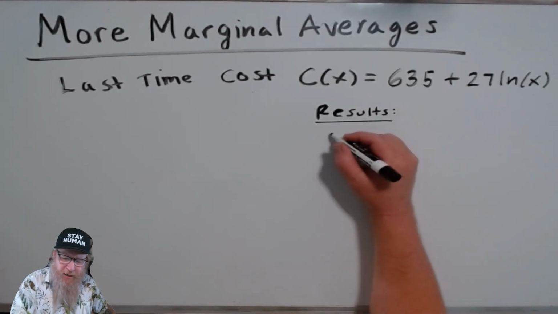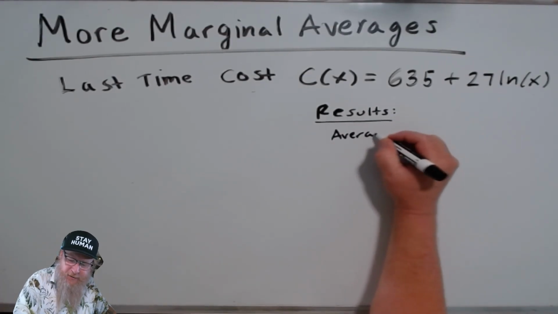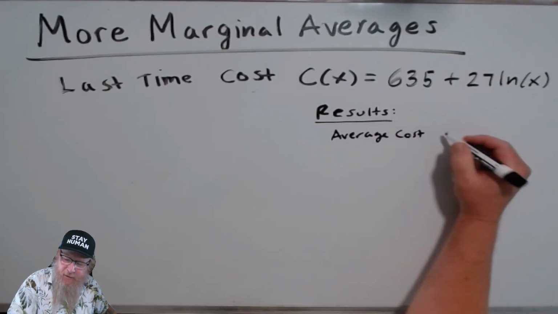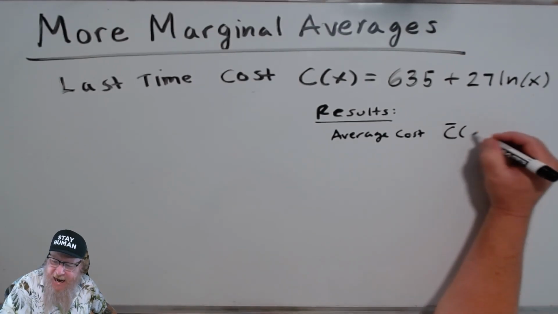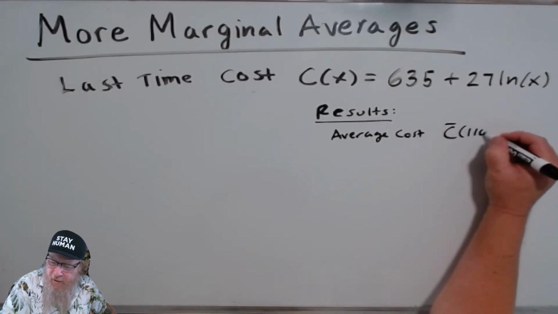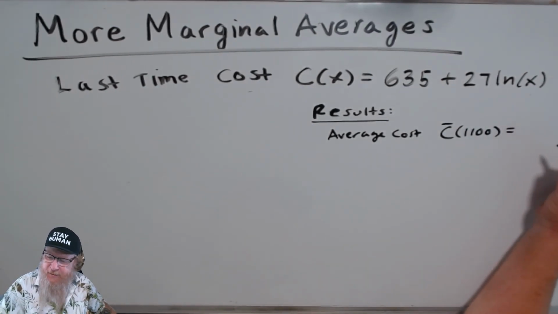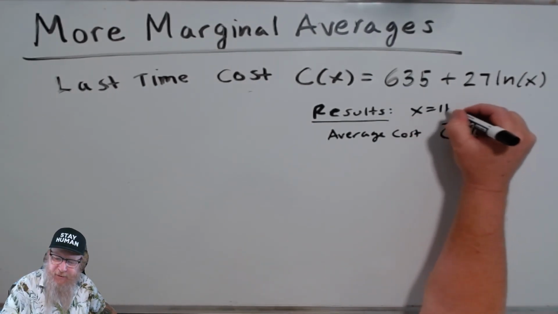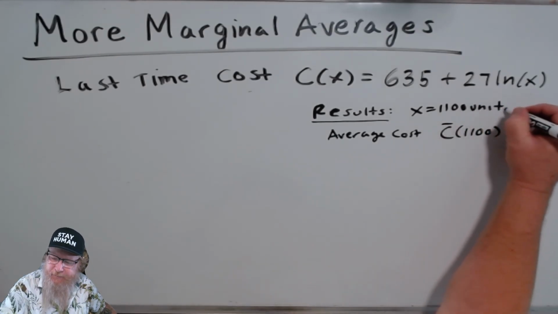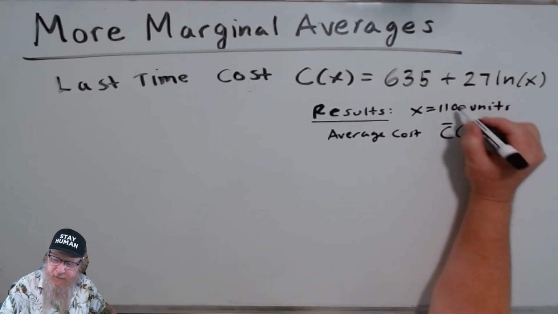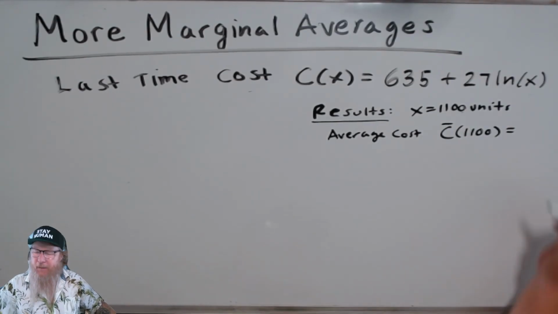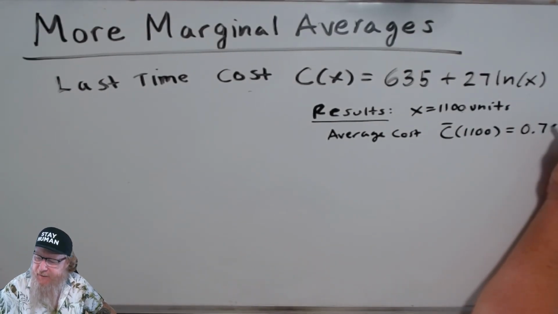So we ended with the average cost, C hat or C bar, of 1,100 units. So x was 1,100 units. It was 75 cents.